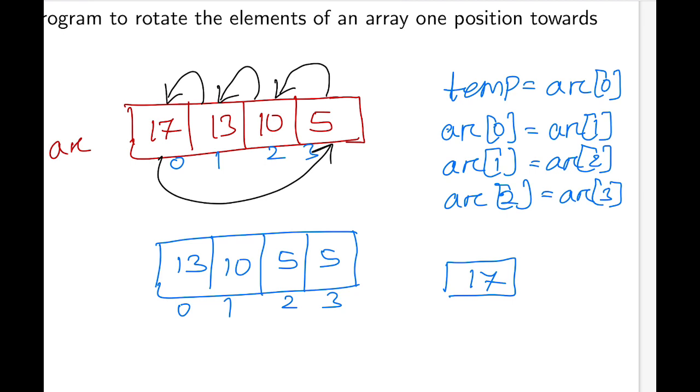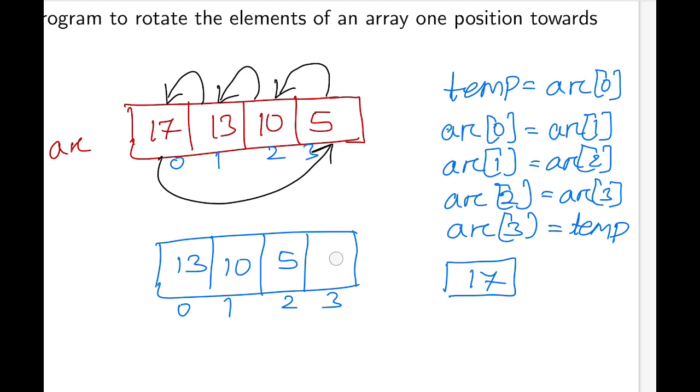Now this 5 is repeated and we want to put 17 here. So for that we can write ar of 3 equal to temp. Now if we write ar of 3 equal to temp, that means the value of temp is coming to ar of 3.